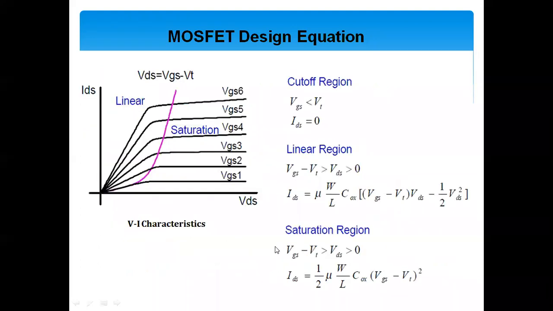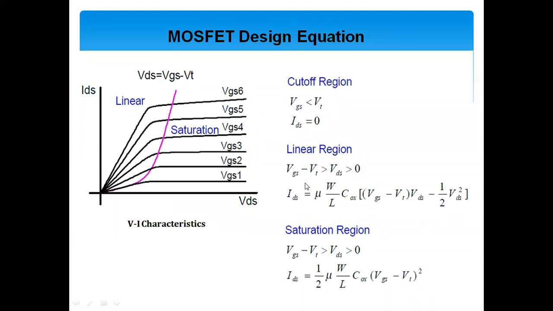Now, depending upon which region you are operating a MOSFET in, the cutoff region will have IDS equal to 0. For the linear region, this is the equation of IDS: IDS is equal to mu, the electron mobility, W by L COX, in brackets VGS minus VT into VDS minus 1 by 2 VDS square.